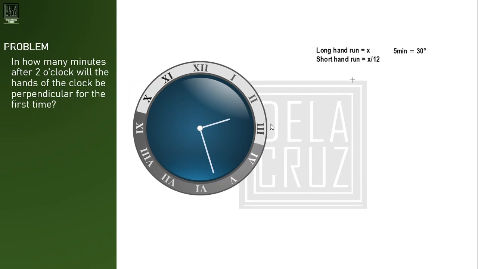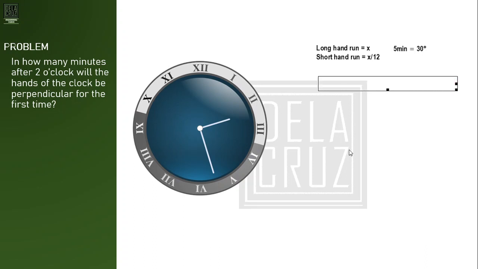So, yung basic equation natin sa ating clock problems: the long hand minus the short hand must be equal to the angle between them.